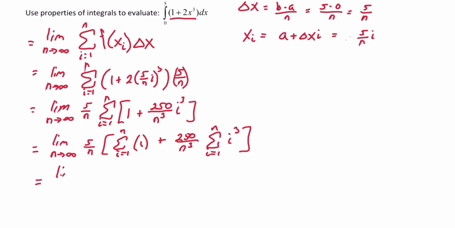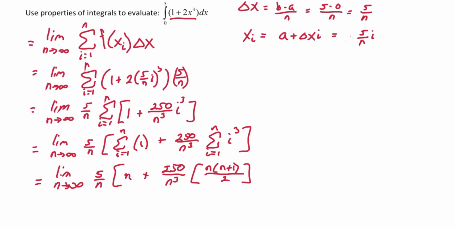Now we have the limit as n approaches infinity, 5 over n, times the sum of 1 is n plus 250 over n cubed. The sum of i cubed is n times n plus 1 all over 2, and that quantity is squared.